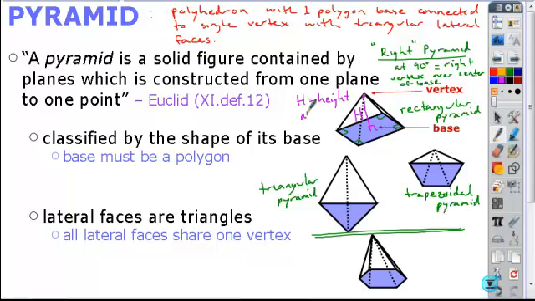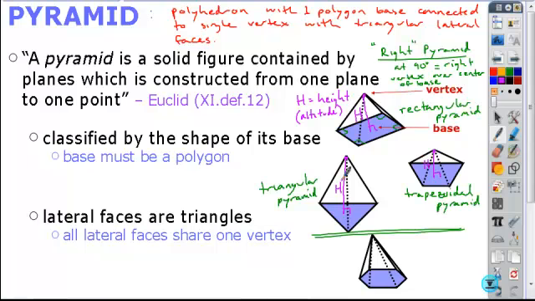In addition to height, you might see the term altitude used. In each of these cases, the vertex is directly over the center of our base, and the altitude, or the height, is the perpendicular distance from the vertex to the base.